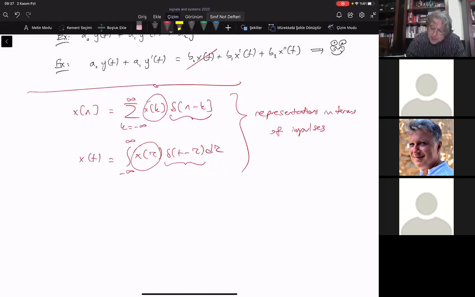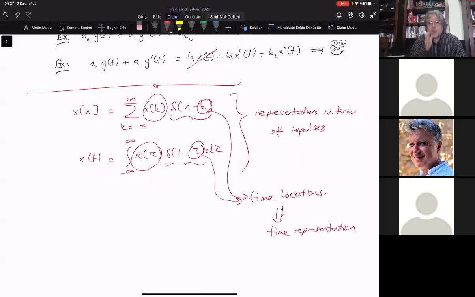And the impulses indicate time locations. So the impulses are at a certain time on the time axis. That's why we are also going to call this a time representation. We were combining all individual time elements one by one over the time axis. We were merging those time components and we were getting the time signal. This is a time representation of the signal.